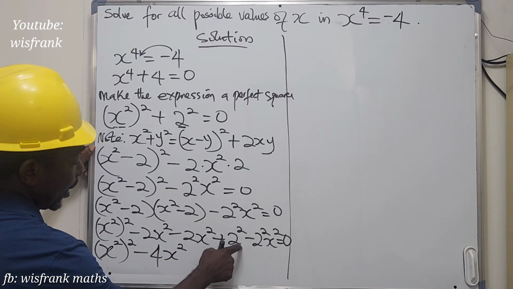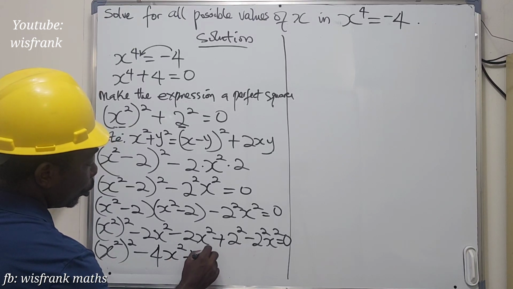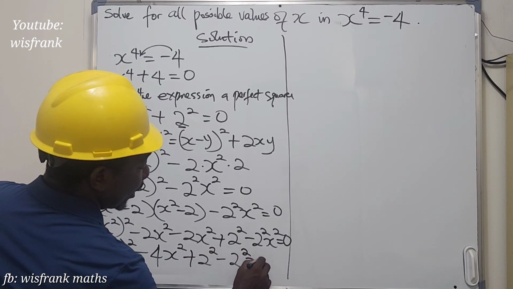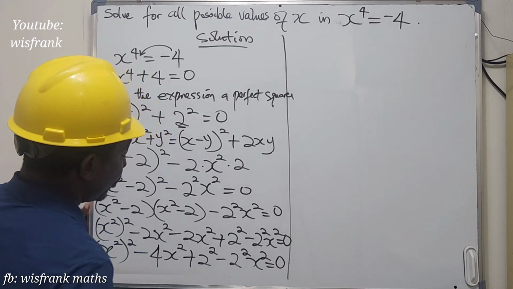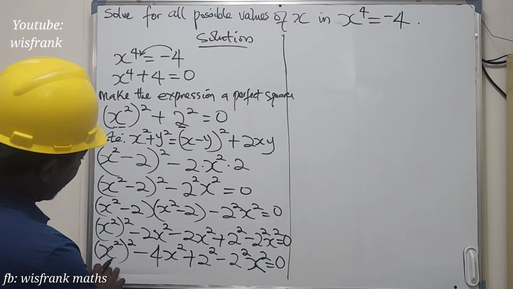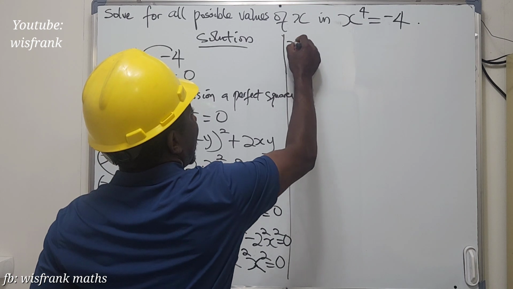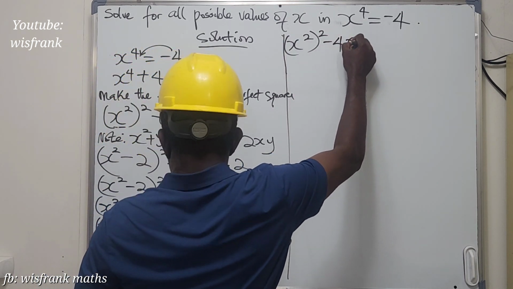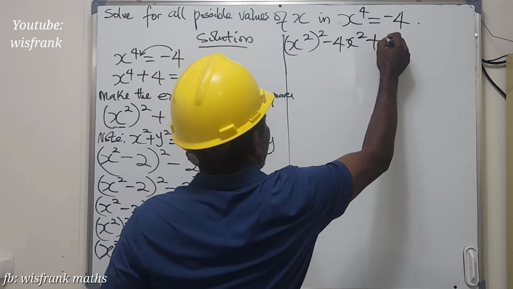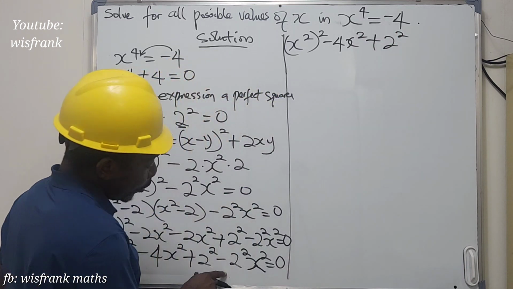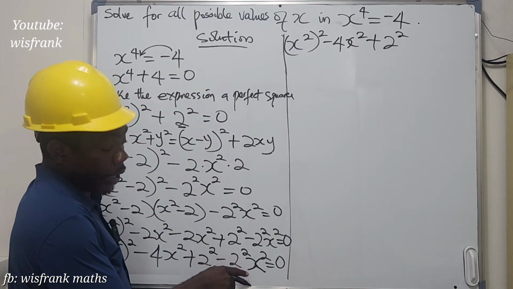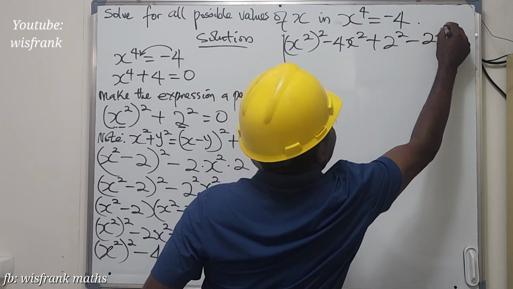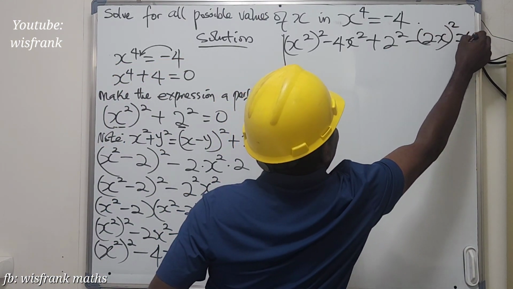Then we have plus 2 to the power of 2 minus 2 to the power of 2 x to the power of 2 equals 0. This is the same thing as x to the power of 2 all to the power of 2 minus 4x to the power of 2 plus 2 to the power of 2. So this minus 2 to the power of 2 x to the power of 2 is the same thing as minus 2x all to the power of 2 equals 0.